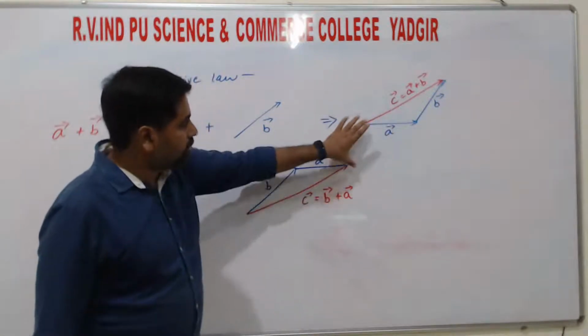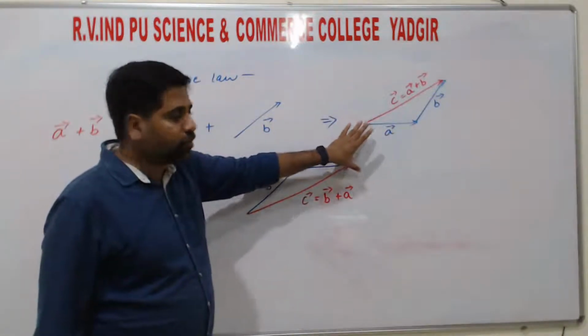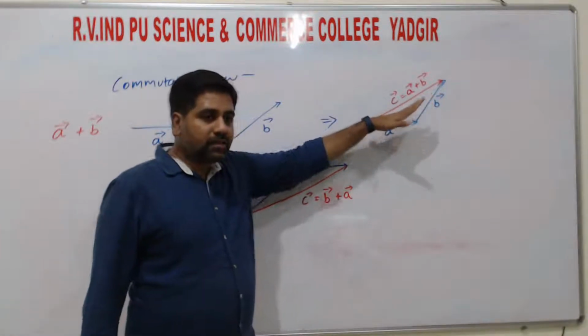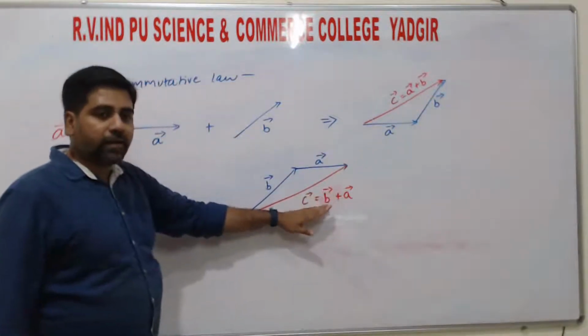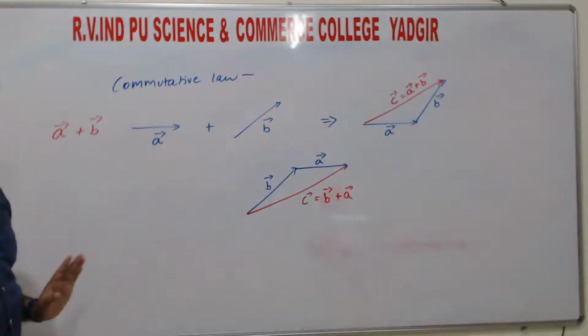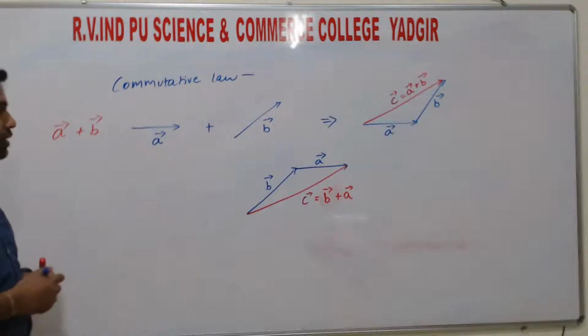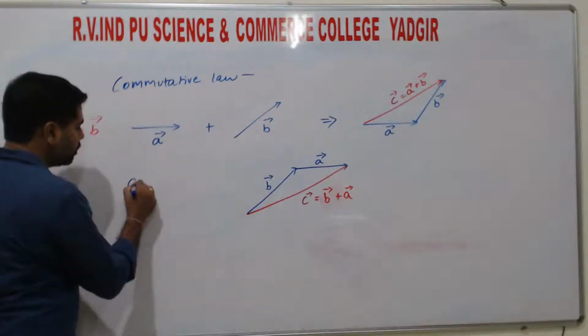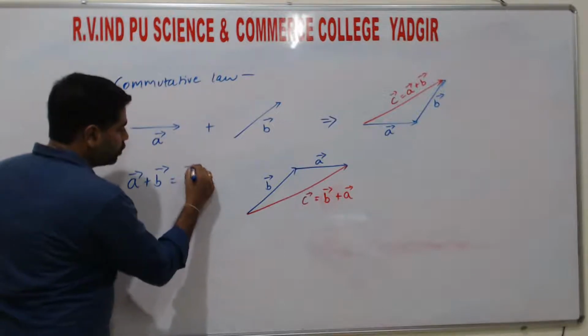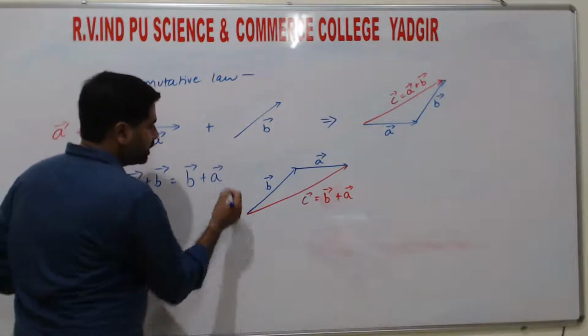If you observe here, these two are parallel to each other, that means the resultant A plus B is in the same direction as the resultant B plus A. Hence, the triangle of addition obeys the commutative law. That means vector A plus vector B is equal to vector B plus vector A.